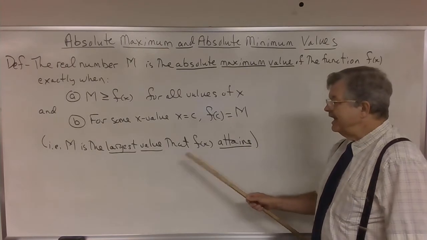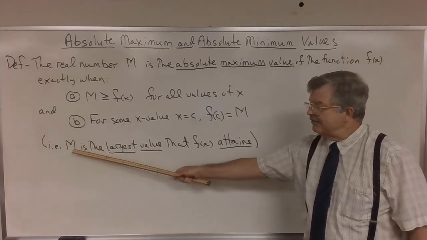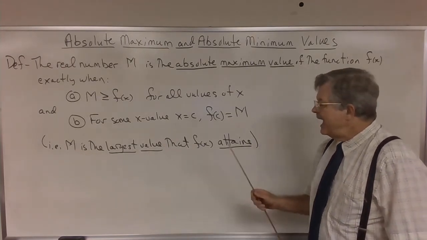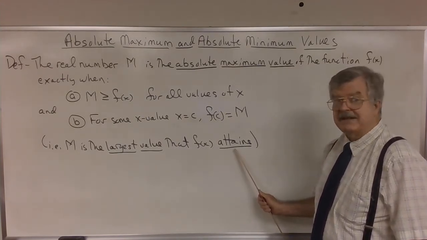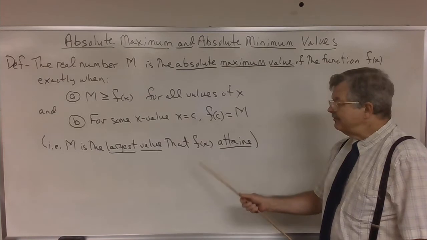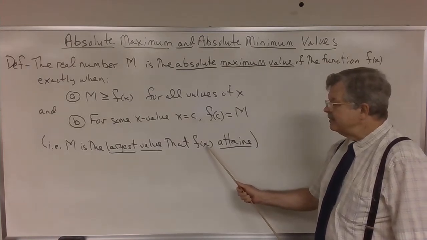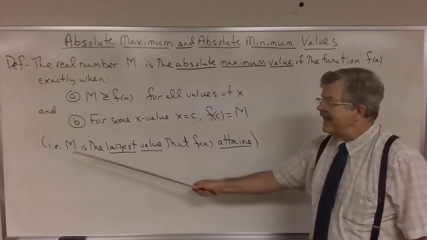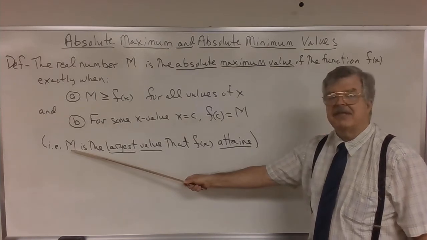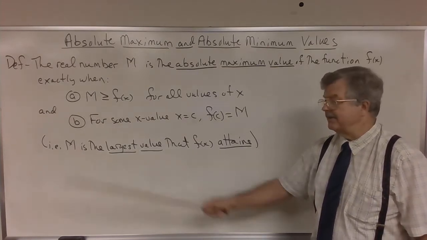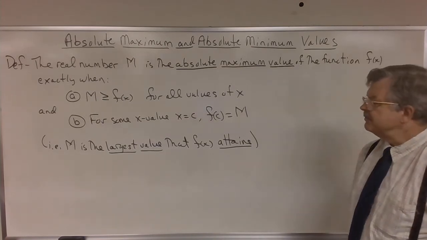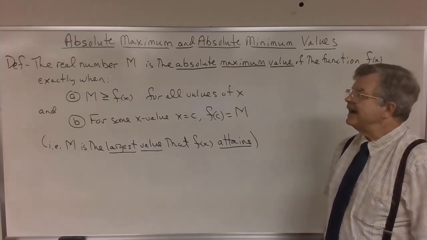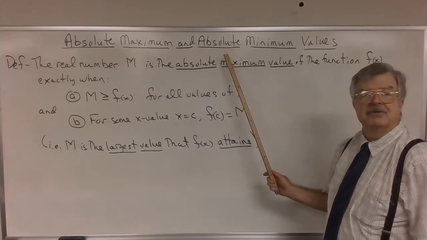And notice, again, the absolute maximum value M has to be a value that the function attains. So there has to be some x value that we can plug into f of x and get capital M, the absolute maximum value.